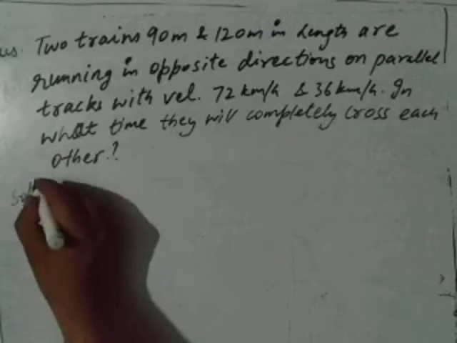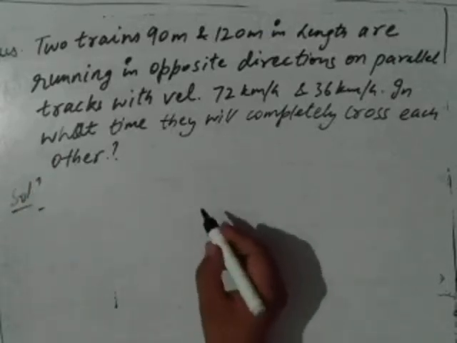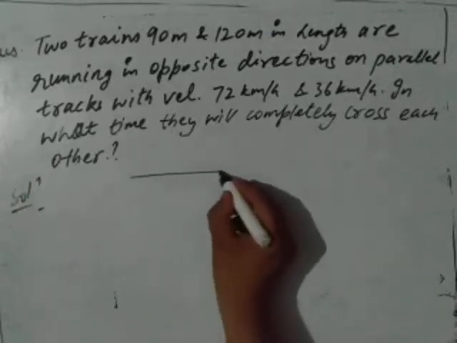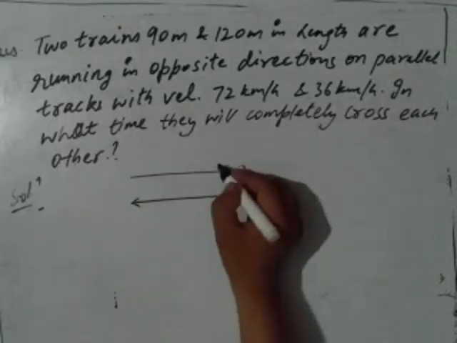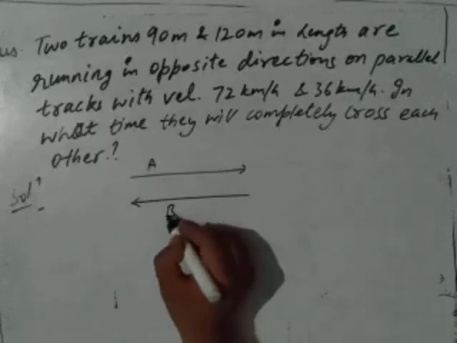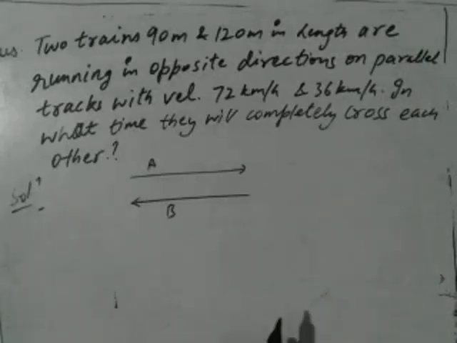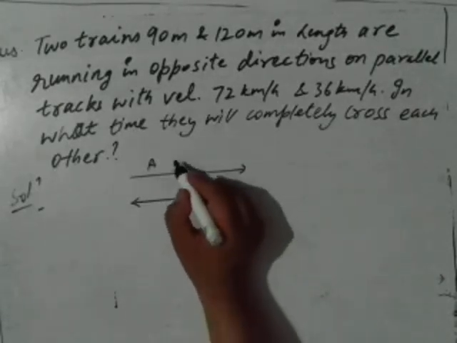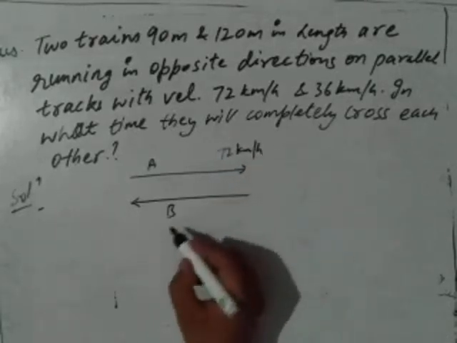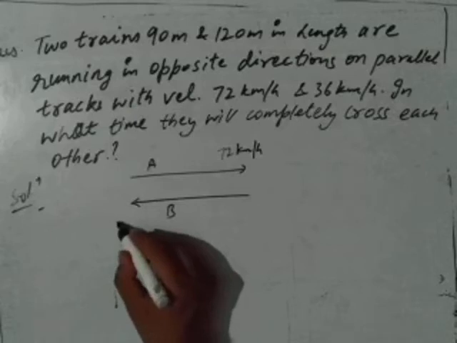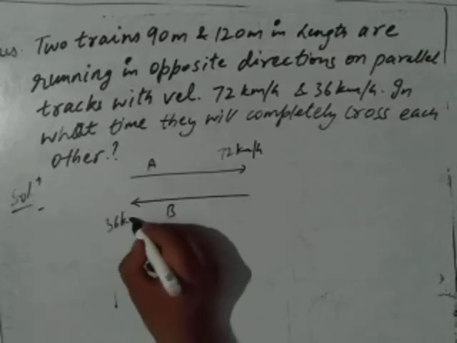So first of all, there are two trains, say A and B, moving in opposite directions on parallel tracks with velocity 72 km per hour and 36 km per hour.